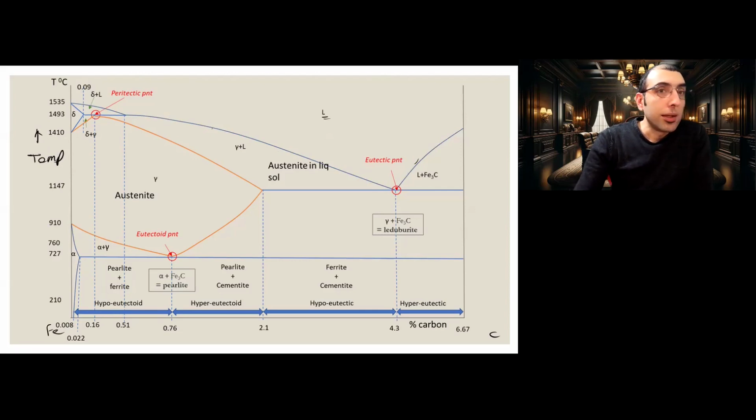And the solidus line should have a border with our solid. And if you look here, we have all solid. Also, this is all solid. So our solidus line is this line going to here, going to here, going to here.